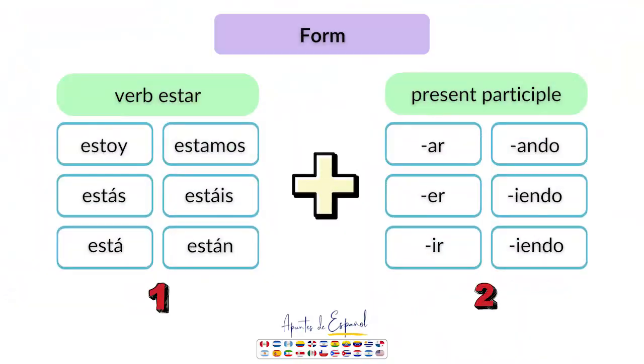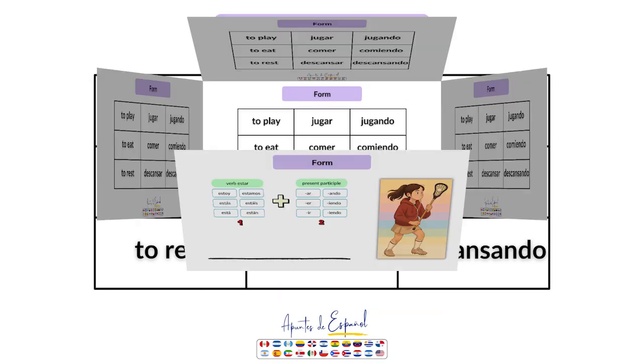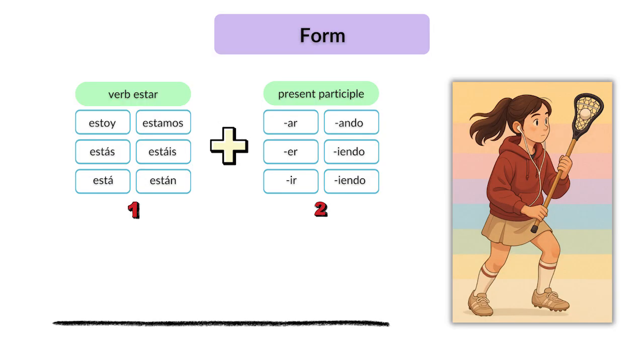So let's go back to the form and do some practice on how to conjugate this tense. We are going to use one form of the verb estar plus the verb in the present participle. We are going to work with three verbs: to play, to eat, to rest, which are jugar, comer, and descansar, but in the present participle form, right? Okay, so try to guess. What is she doing? ¿Qué está haciendo? Stop the video if you need more time to think.